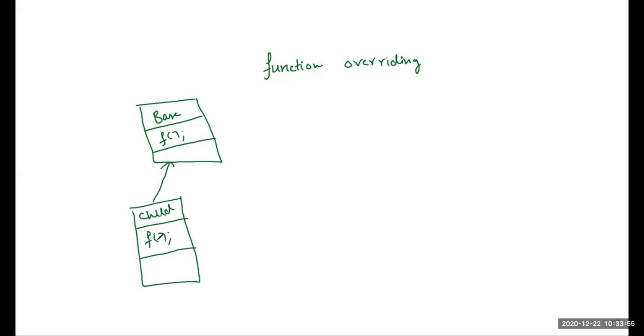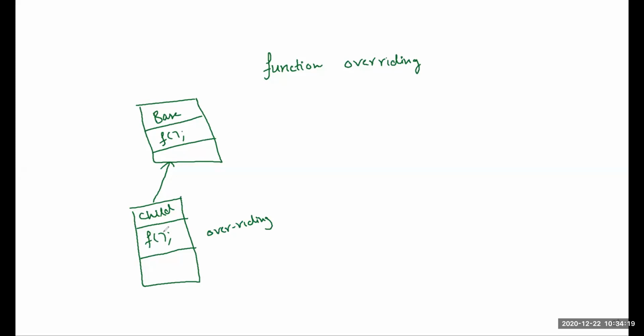Nothing should be different; it is exactly the same function as in the parent class. So this child class is inheriting f from the parent, but it also has its own f. This concept is called function overriding. In other words, the child class is saying, I don't need your f function, I will create my own f function.